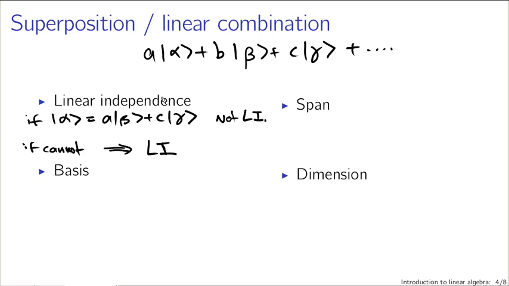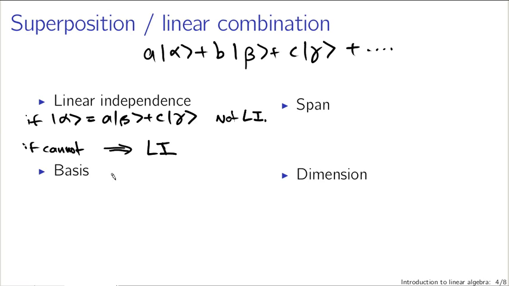Alpha, beta, and gamma would be considered linearly independent, or alpha would be considered linearly independent of beta and gamma if it cannot be made by a linear combination of beta and gamma. If you have a bunch of vectors with which you can construct other vectors, you'll never get anything that's linearly independent from those vectors, but you can get vectors that are not in your original set.